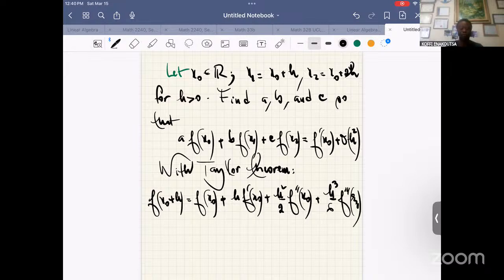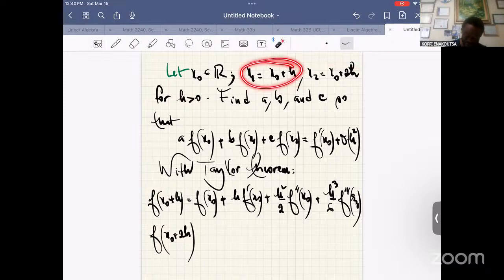Then I'm going to write the same thing for f at x0 plus 2h. For some reason, the reason is here, right? You have f at x0, at x1 and at x2.